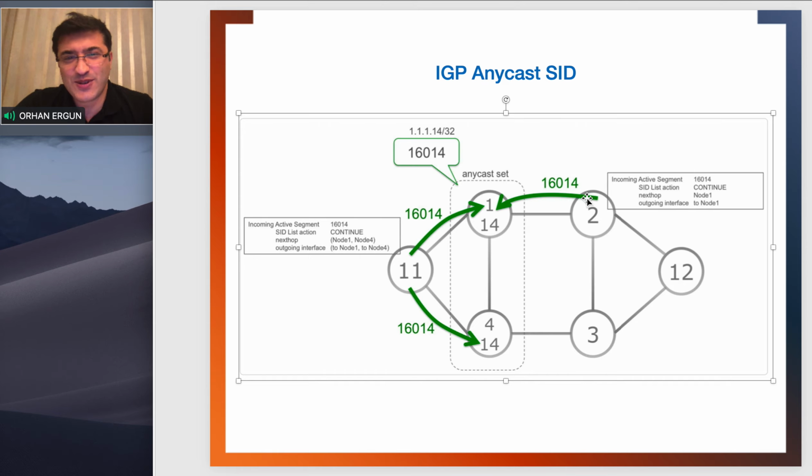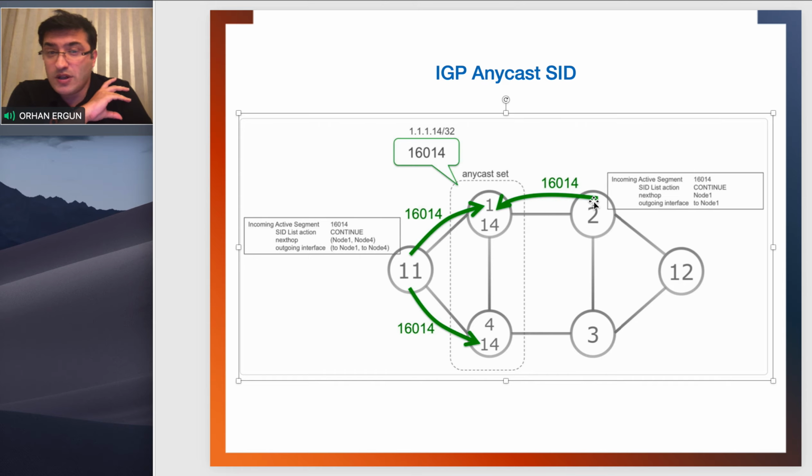Not just because when we advertise that 16,014, magically everyone from each and every location will do ECMP towards them. No. It is based, again, on the underlay transport, which is IGP here.